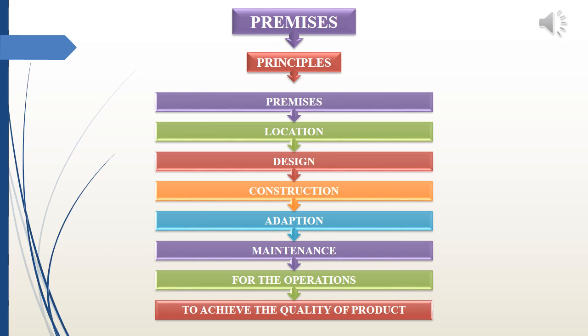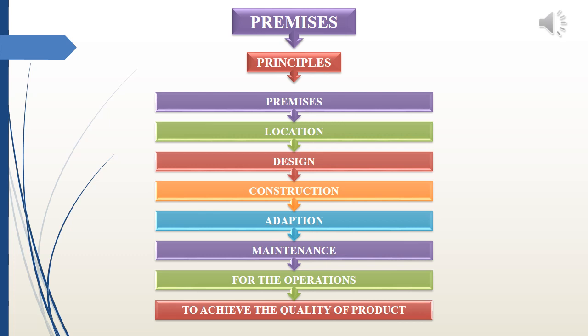First we will see what are premises, what are the principles behind premises. Premises are considered for its location, design, construction, adoption, maintenance for the operations to achieve the quality of product.